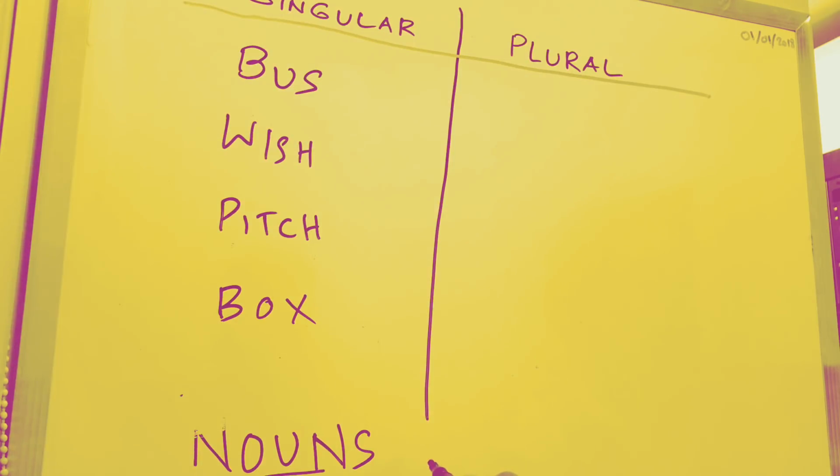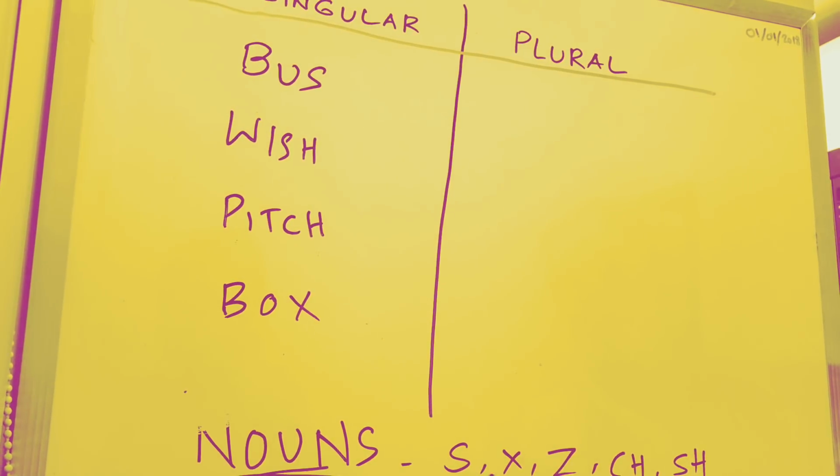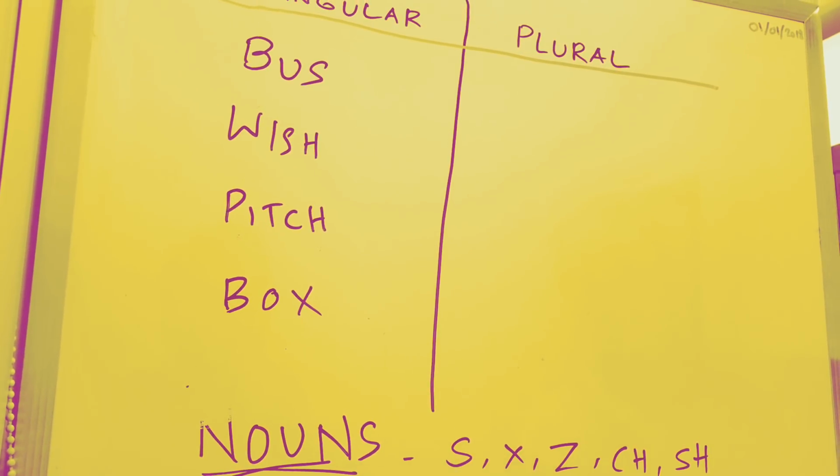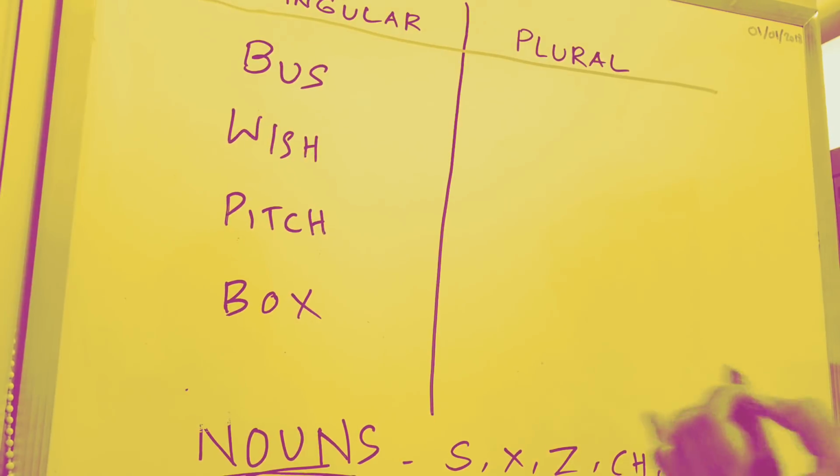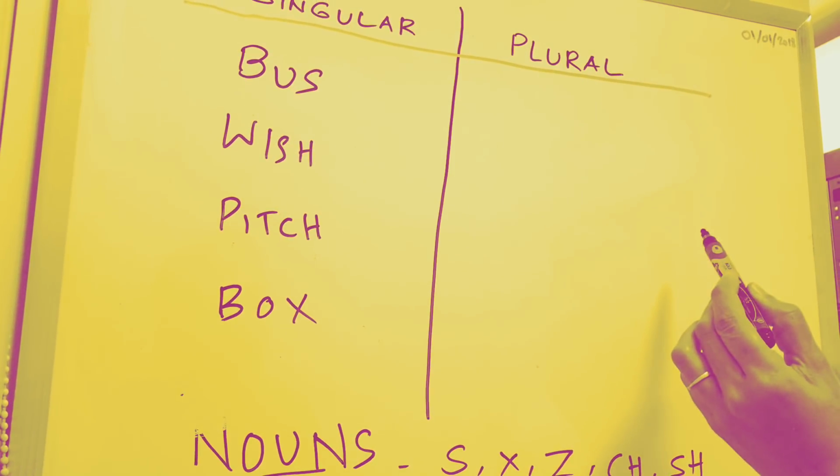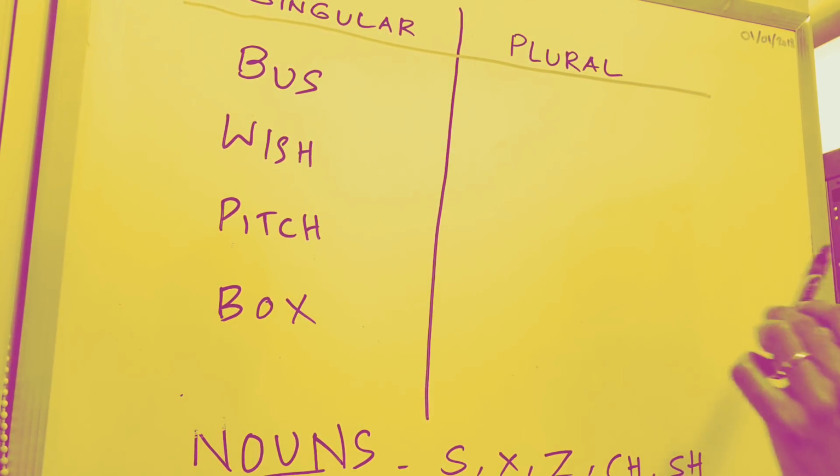These are some examples, but I'm talking about all the nouns that end with these letters. Whenever a noun ends like this, we're going to turn it into plural in a different way.